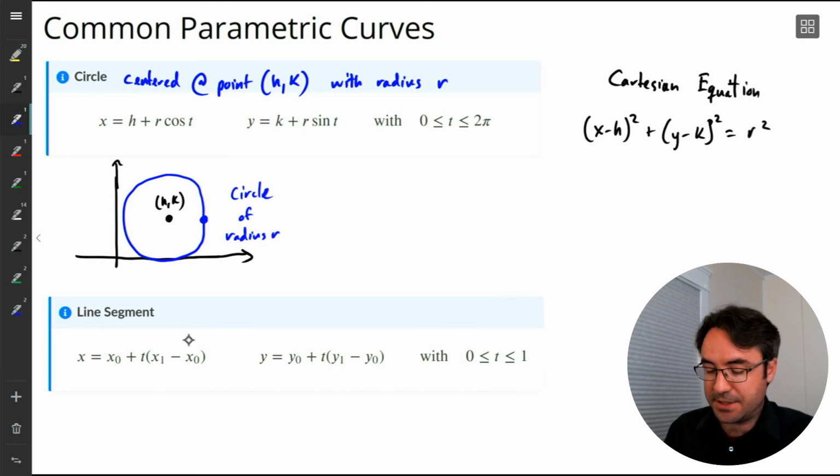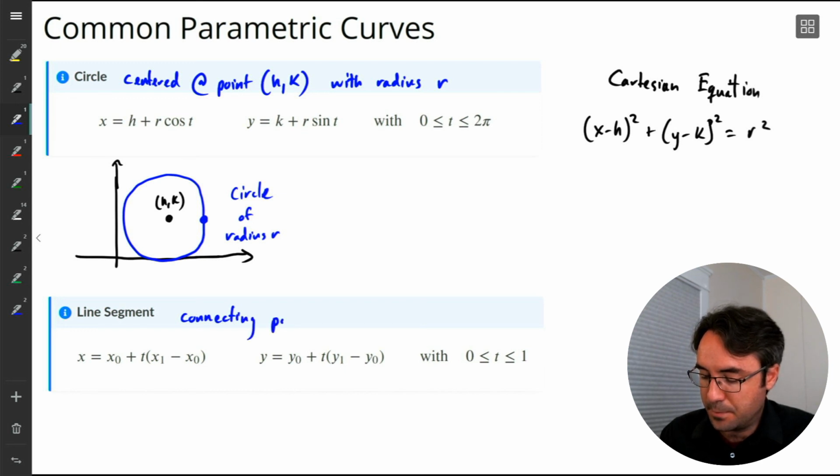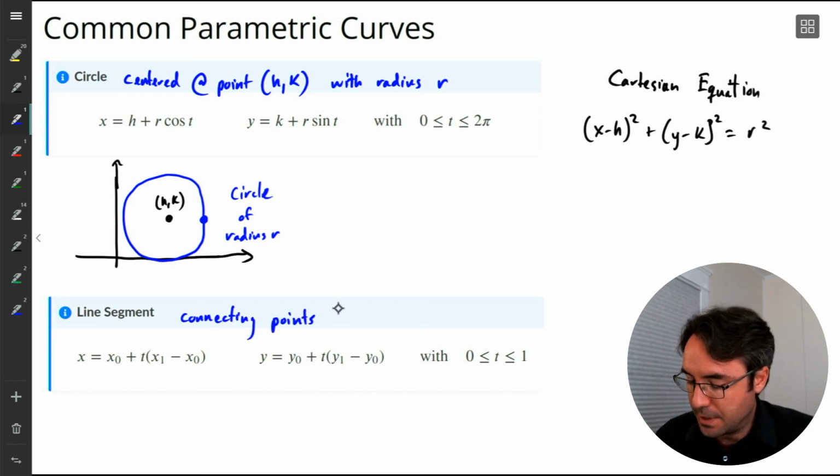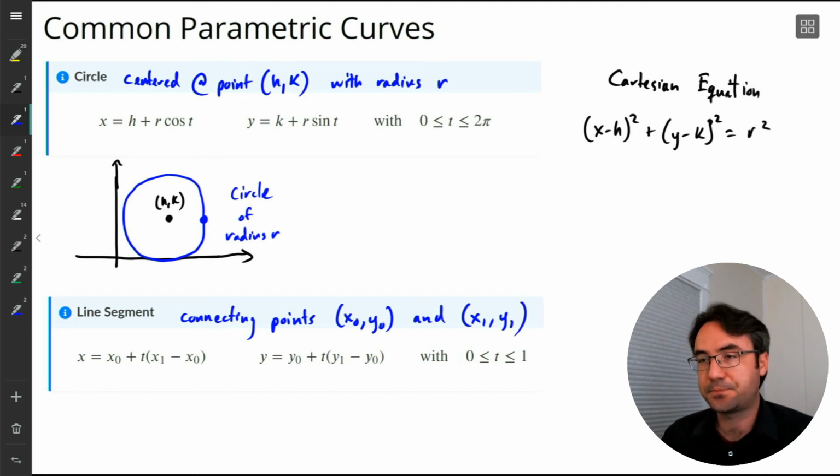And so what this does is this gives us a line segment connecting points x0 comma y0 and x1 comma y1. So this gives us the line segment connecting these 2 points, where we start at x0 comma y0 and we end up at x1 comma y1. So there's a direction here for these parametric curves, as we've seen.